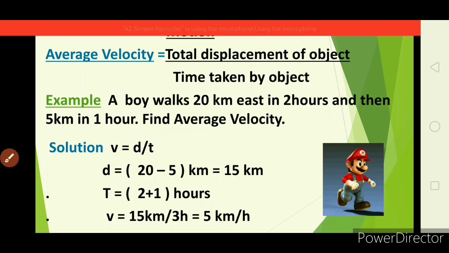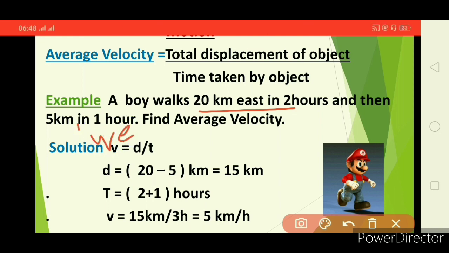We have an average velocity, which equals total displacement of object upon total time taken. We have an example, a boy walks 20 km east in 2 hours and then 5 km west in 1 hour. Find its average velocity. Here we have a formula, v equals d upon t.